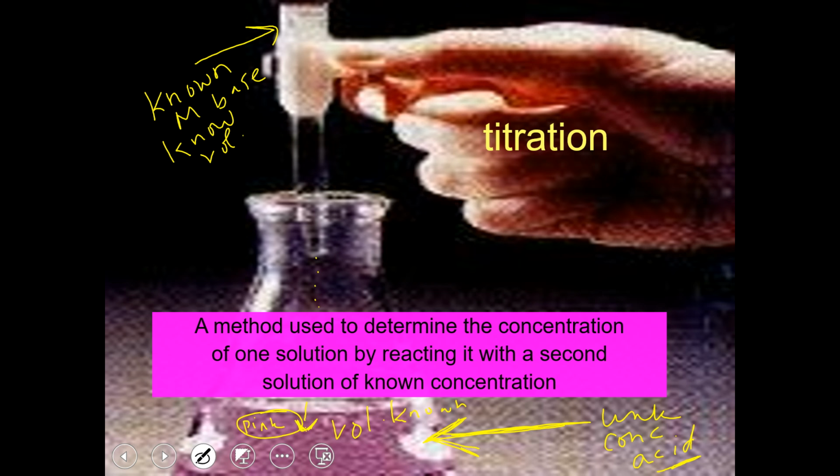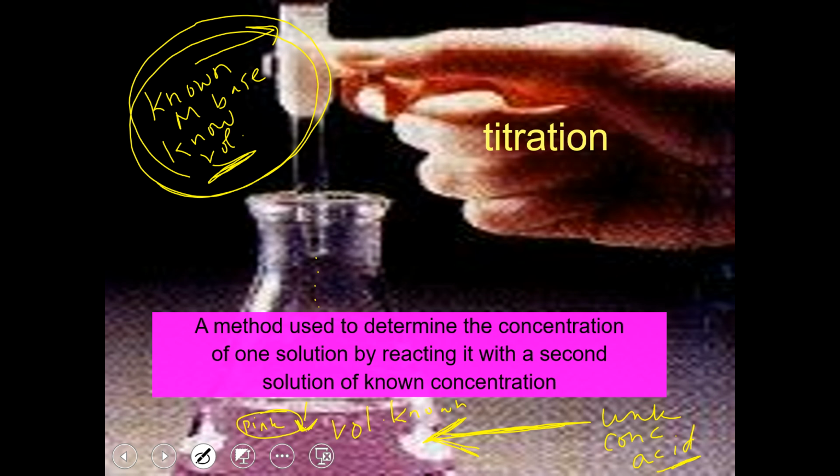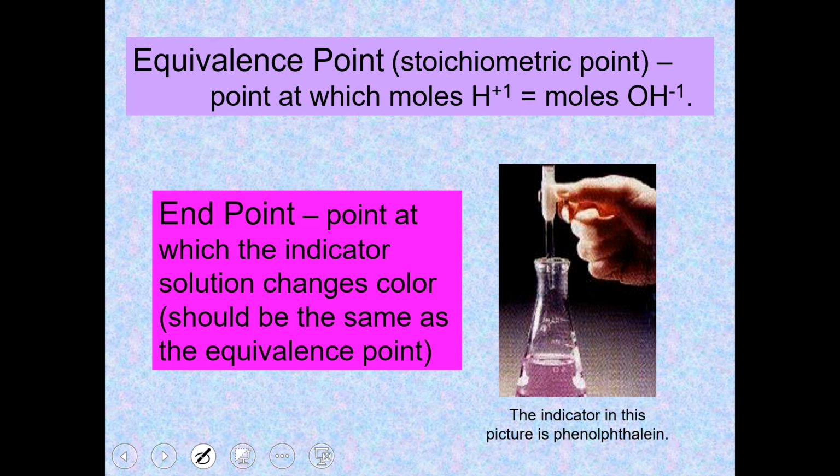At that point, we know our acid has been neutralized. We then know how much base it took to neutralize the acid, and we can do some calculations to find the concentration of our acid. And that's what we're going to work on today.